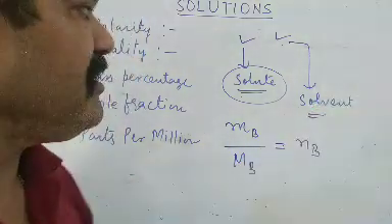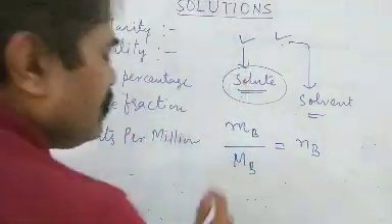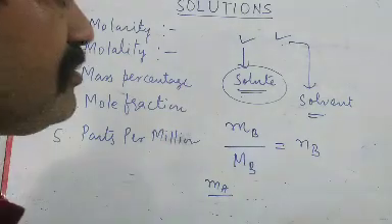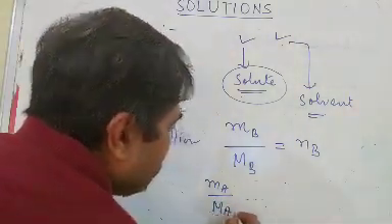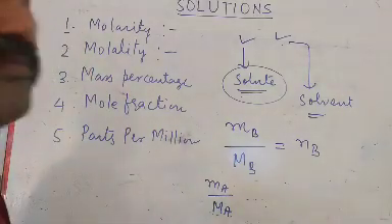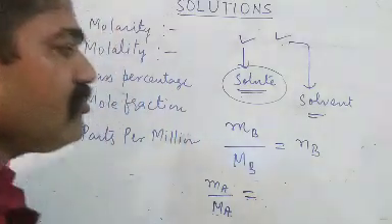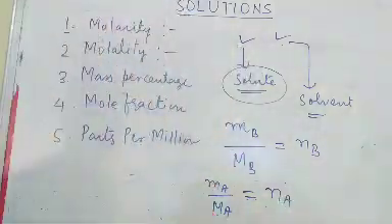In a similar way, I use the term A for the solvent. Suppose Ma is the mass of solvent given and Ma is the molar mass of the solvent. This ratio gives us the number of moles of the solvent.